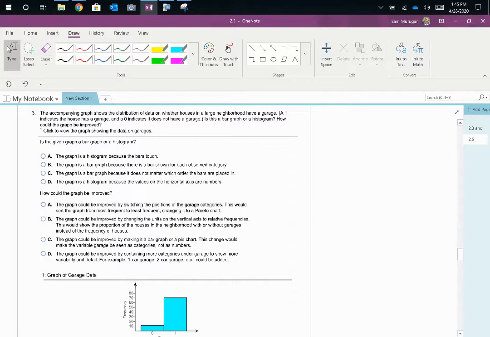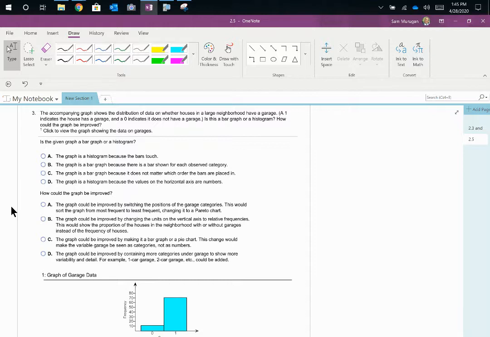Here it says the accompanying graph shows the distribution of data on whether the houses in a large neighborhood have a garage. One indicates the house has a garage, and 0 indicates the house does not have a garage.